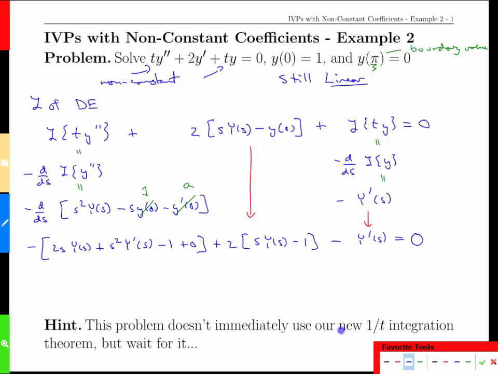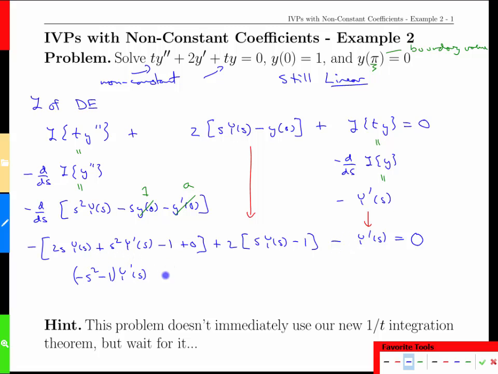Now at this point you'll notice that our new 1 over t integration formula hasn't come into play yet. It'll sneak up a little later. For now what we're going to do is simplify this expression here and see what we get. Gathering the Y prime terms, we have a negative s squared times Y prime, and we also have a negative 1.